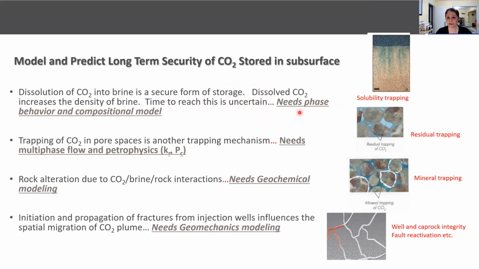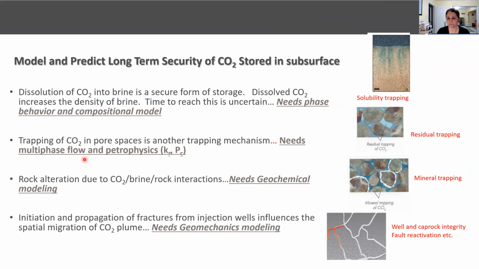And that's why you really require phase behavior, equation of state, in order to capture the changes in the properties of CO2 as a function of pressure and temperature for different scenarios. Another storage mechanism is the residual trapping. And all of us are familiar with that in the petroleum industry.